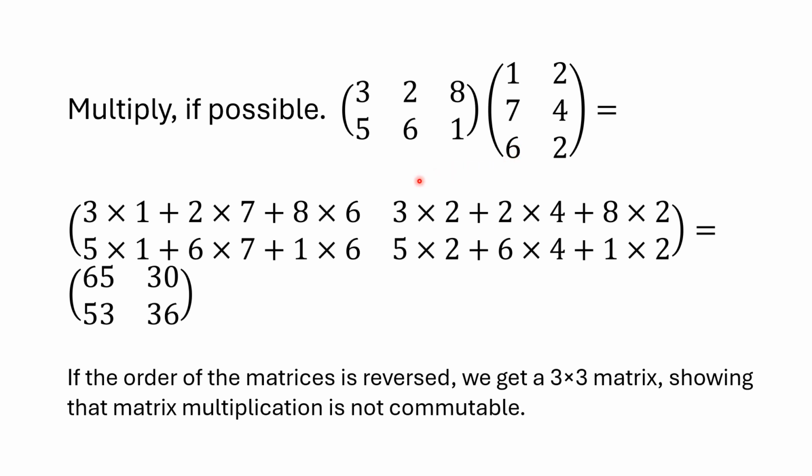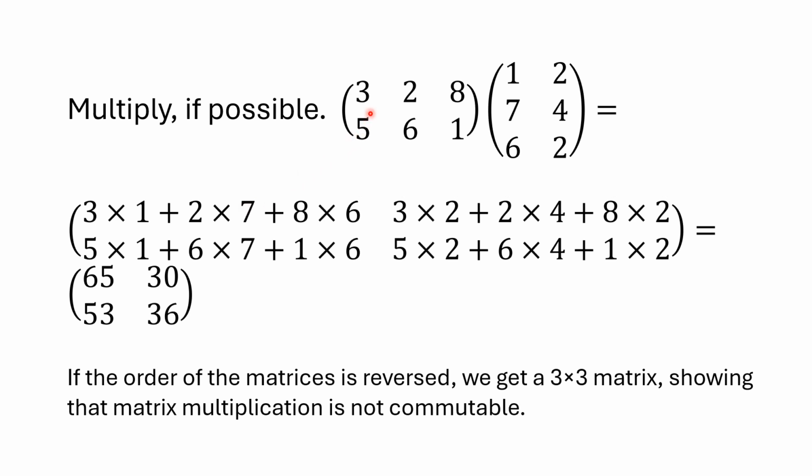And the size of the matrix will be the number of rows of the first matrix and the number of columns in the second matrix. So we're going to get a 2 by 2 out.